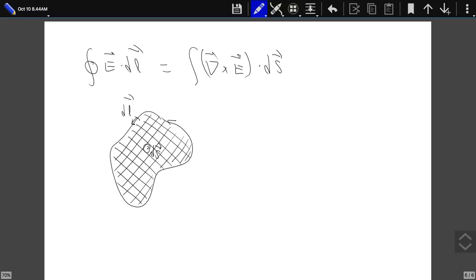So that is why we have to divide our surface into very small bits, and those very small bits are almost flat in the limit that we take those infinitesimal surface elements to have 0 area. They will be flat. Since they are flat, the direction of ds for that infinitesimal patch is unique, given by the right-hand rule.